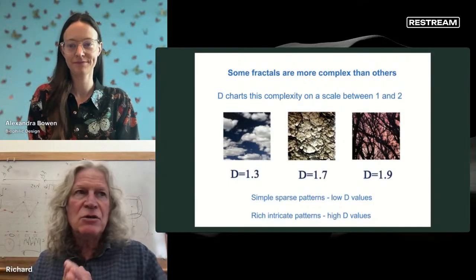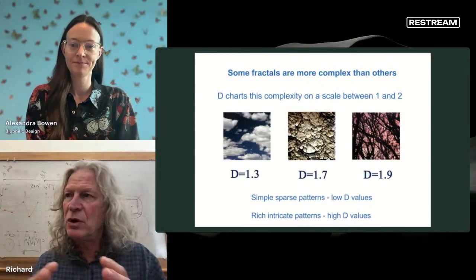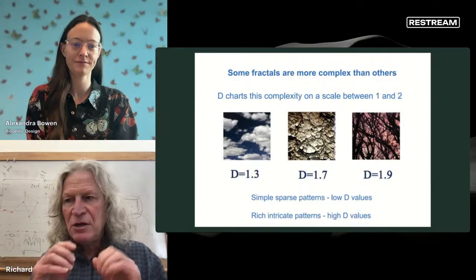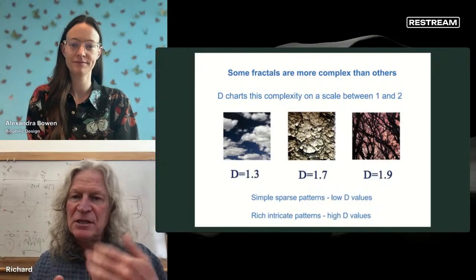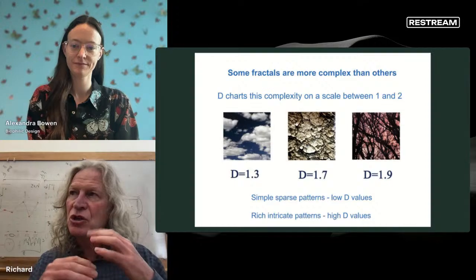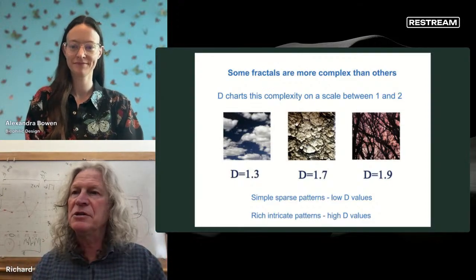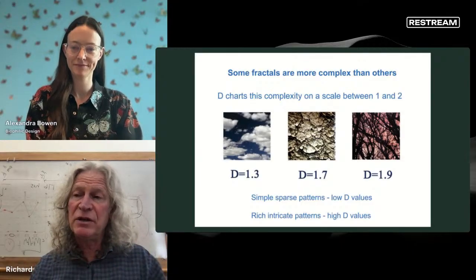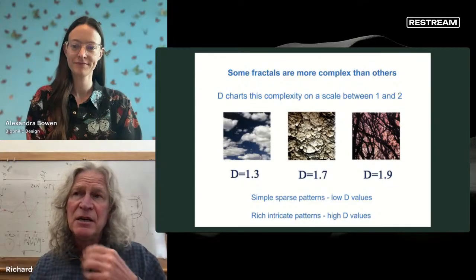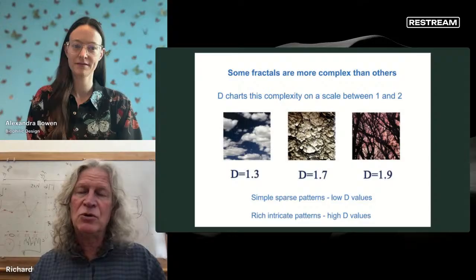So compared to these Euclidean patterns, compared to lines and squares and circles, the Euclidean patterns are very simple, but all of that repetition at different size scales builds a huge visual complexity. And that's what our eyes thirst for. So all fractals are very, very complex visually. But having said that, some are more complex than others. So we introduced this parameter called D.